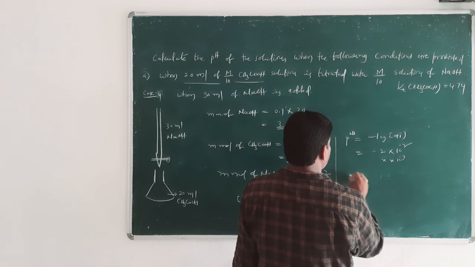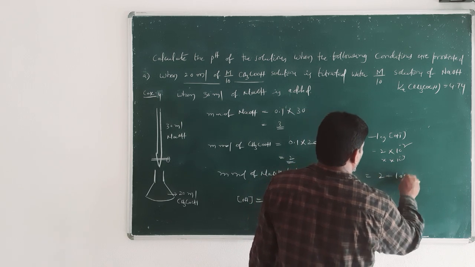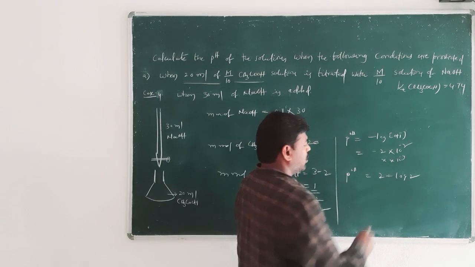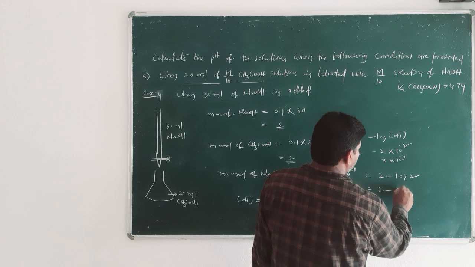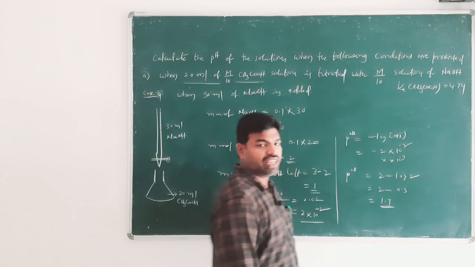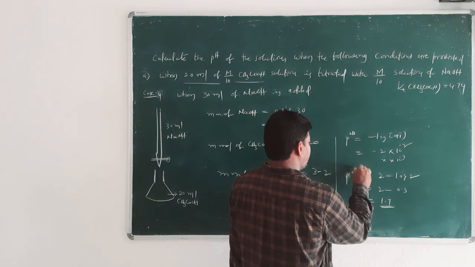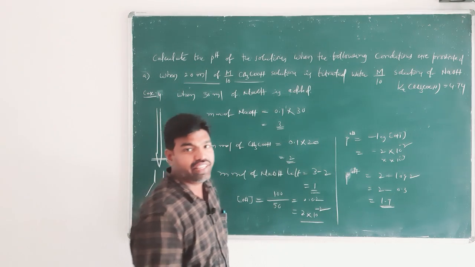Then pOH is equal to y minus log x, that is 2 minus log 2, which is 0.3, that is 1.7. pOH is 1.7, from which we can calculate the pH.